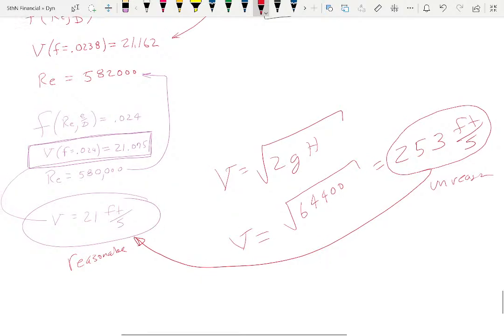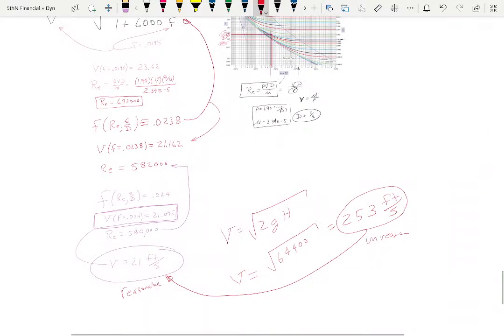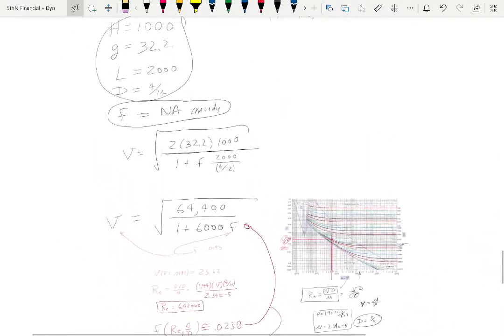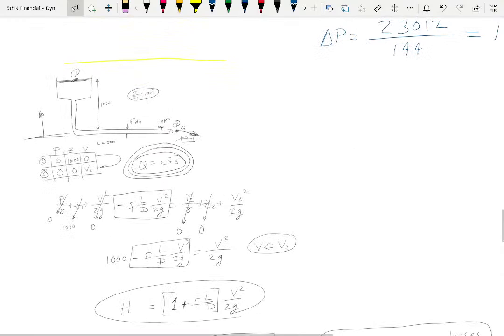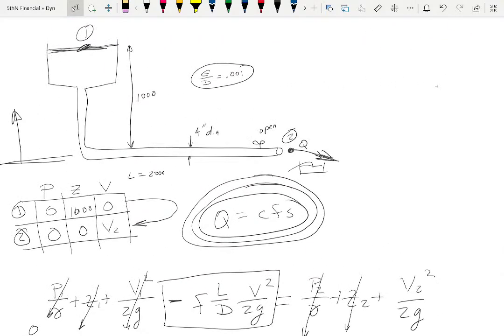So you can see, if you don't include losses and you have a lot of, like we went through 2,000 feet of pipe and we went down 1,000 feet. That's a lot of distance. There's plenty of ample time as a particle goes through there to lose energy due to friction. So the fact of the matter is that this thing lost a ton of energy as it went down there. So the difference of 253 to 21 is big.